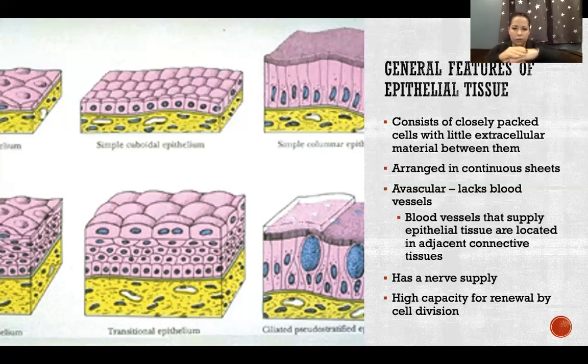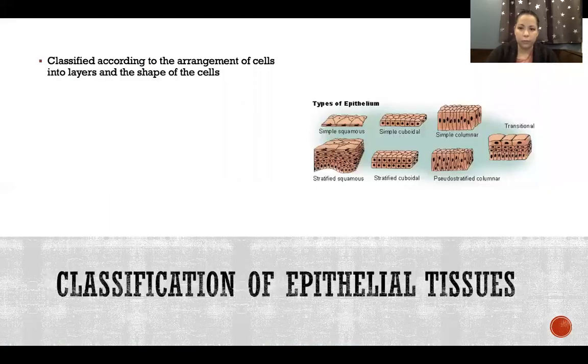So think about the cells of your skin. There's a lot of wear and tear on your skin, which is protecting you from all kinds of exposures. So we need to be able to produce those cells very quickly and efficiently so that we always have enough and that we're able to maintain those barriers.